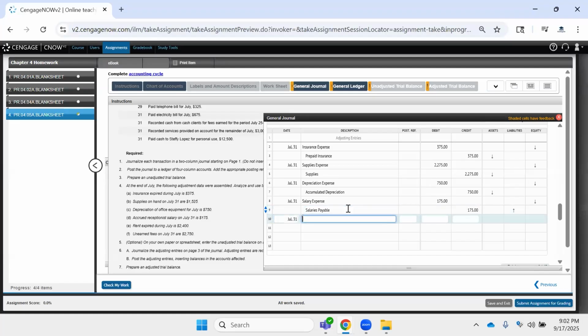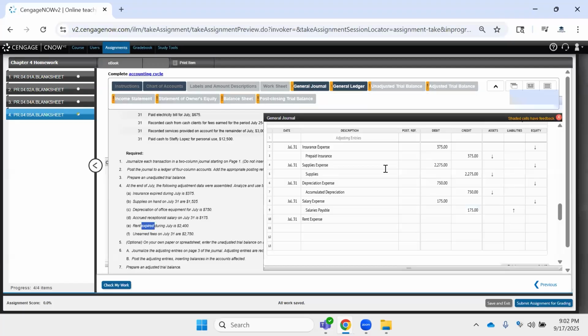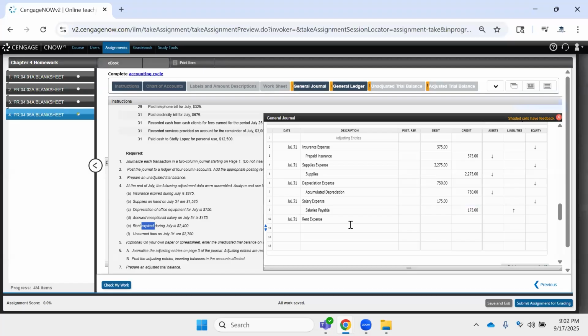July 31st, our next entry is going to be rent expired during July is 2,400. And the way that's worded, saying that the amount that expired, that's activity. That means that's going to be our expense. If it said the rent unexpired balance, then that would be a balance, and we'd have to adjust the amount to the balance and calculate our expense.